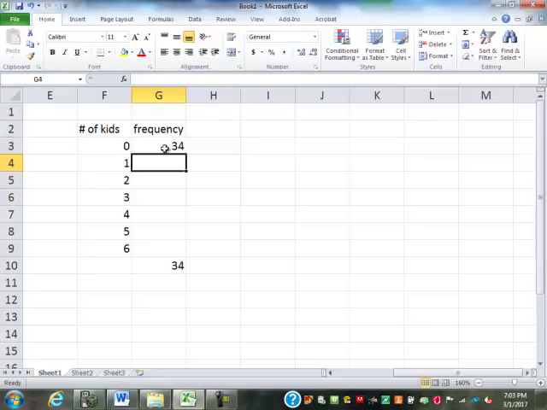Let's say I have 34 with no kids, 27 with 1 kid, 18 with 2, 8 with 3, 7 with 4, 3 with 5, and 1 with 6. Don't need it to come out to a nice even number. So n is 98 here.